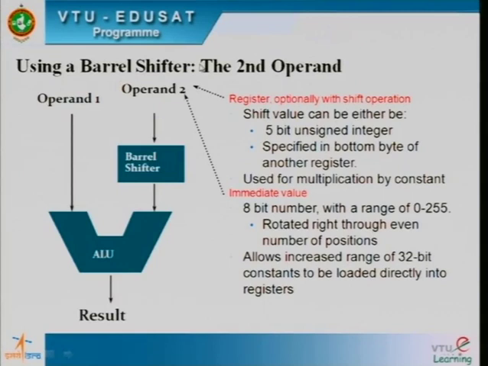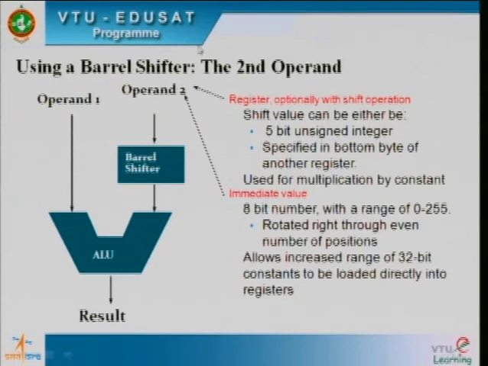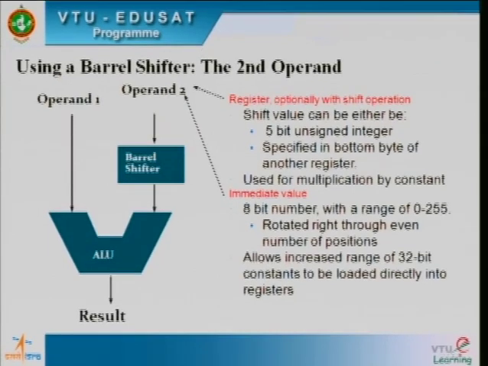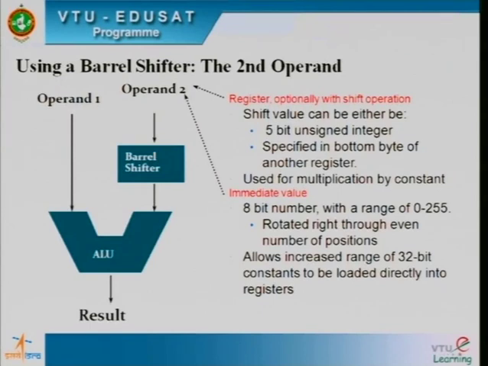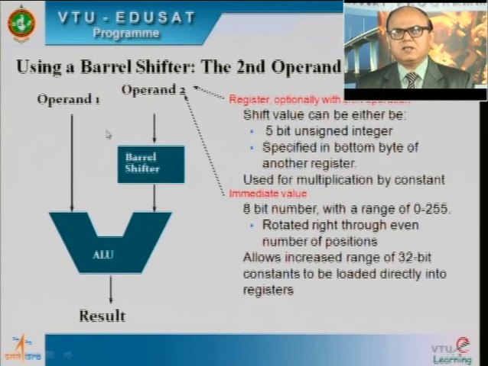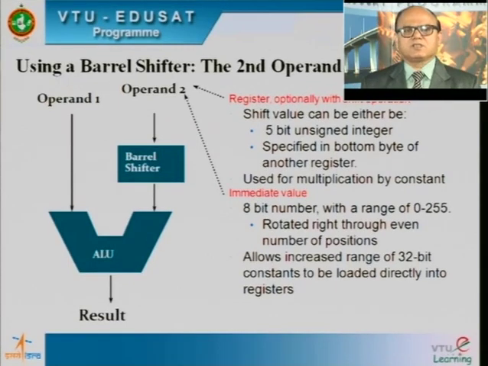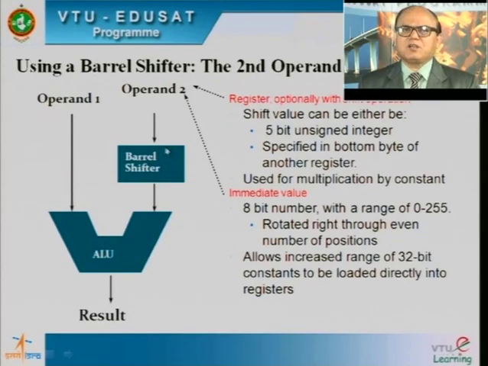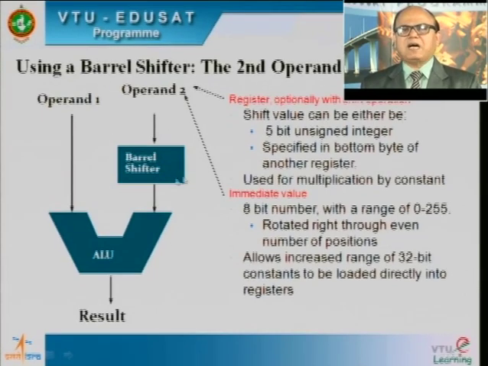Earlier we saw in the case of the 8086 processor that it has registers on which we can perform shift or rotate operations, like shift right, shift left, rotate and so on. But in the ARM processor, I can perform similar operations on the registers, and apart from that I have a special circuit called the barrel shifter.